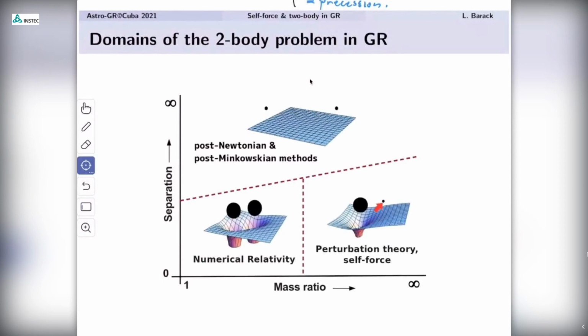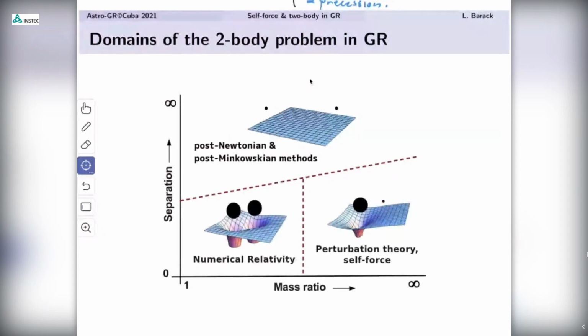It's a small black hole, not a particle. Now, this small object is moving in a combined geometry that is not exactly Schwarzschild, but Schwarzschild plus perturbation. And there's a back reaction from that perturbation on the motion of the object, as if it exerts a force on itself. That's one way to look at that.